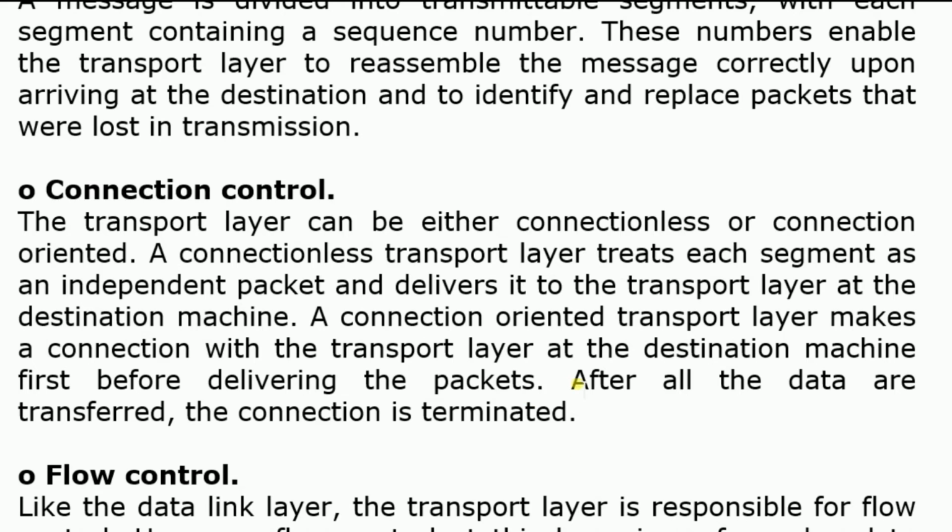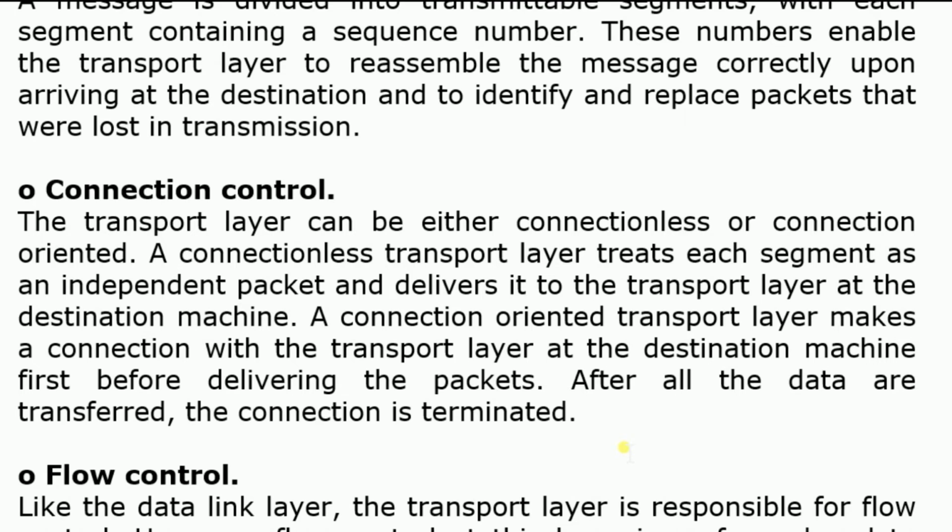A connectionless transport layer treats each segment as an independent packet and delivers it to the transport layer at the destination machine. In the connection oriented transport layer, a connection with the transport layer at the destination machine is first established before delivering the packet.